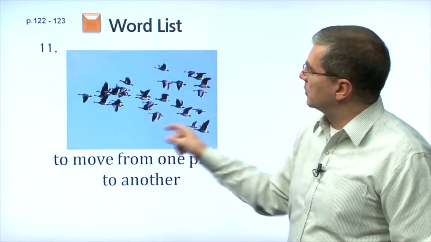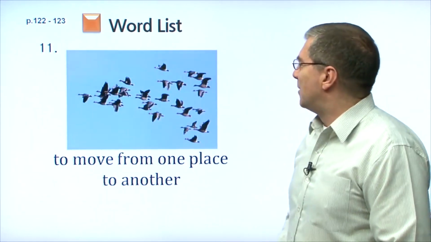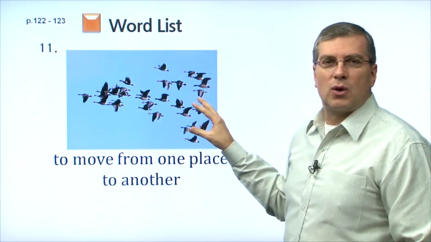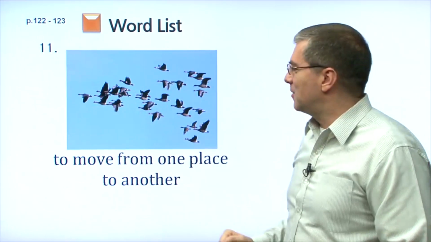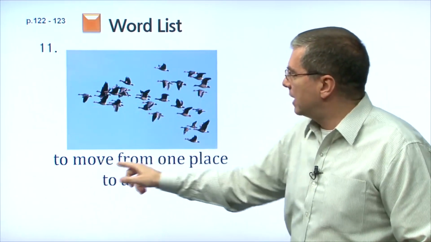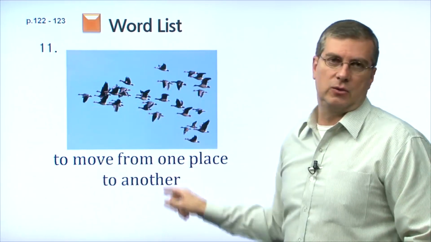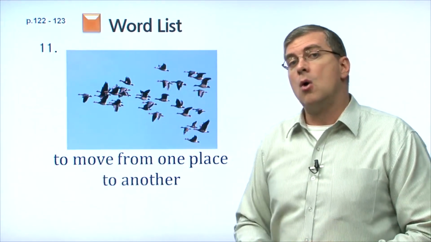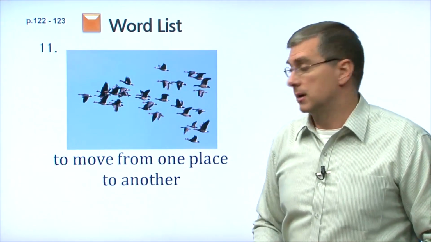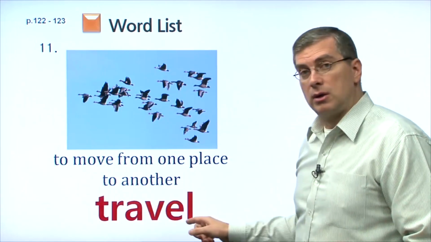Wow, look at these birds. Where are they going, right? They are going, of course, it must be getting cold, and they're going south, right? Well, what are they doing? They are moving from one place to another. So if you move from one place to another, what are you doing? It's a verb. Travel.